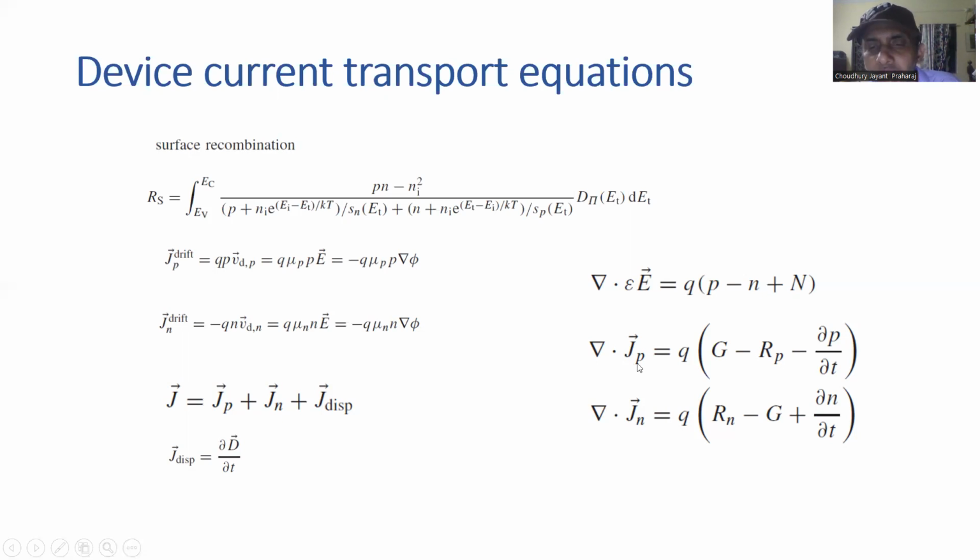And then we have various electrostatic and electrodynamic equations. Then we have a hole current continuity equation, which has the generation rate, which is basically the electron hole pair generation rate coming from incident solar radiation, and then the recombination rate, and then the variation of hole density with time. And similarly, there is a continuity equation for electrons.